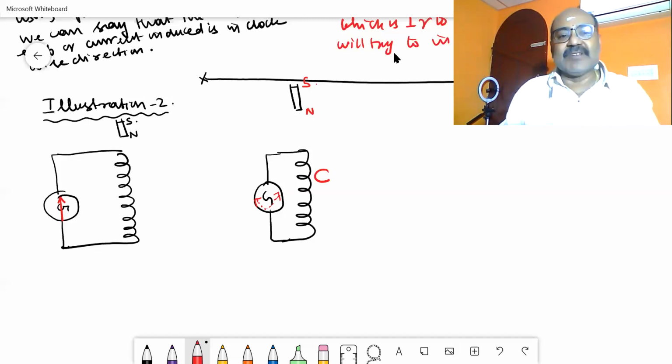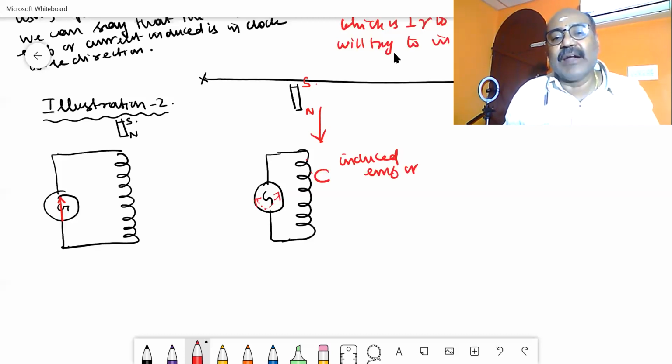See, the first case, I am taking this north pole towards the coil. When I am taking this north pole towards the coil, there is a change in flux. Due to the change in flux, there will be an induced EMF or an induced current.